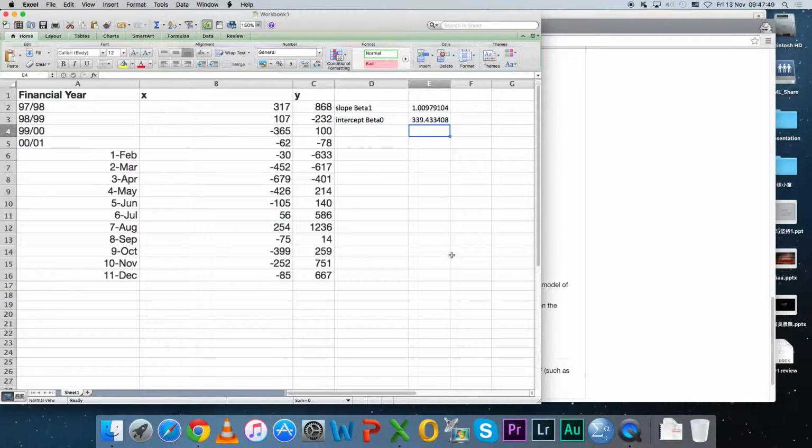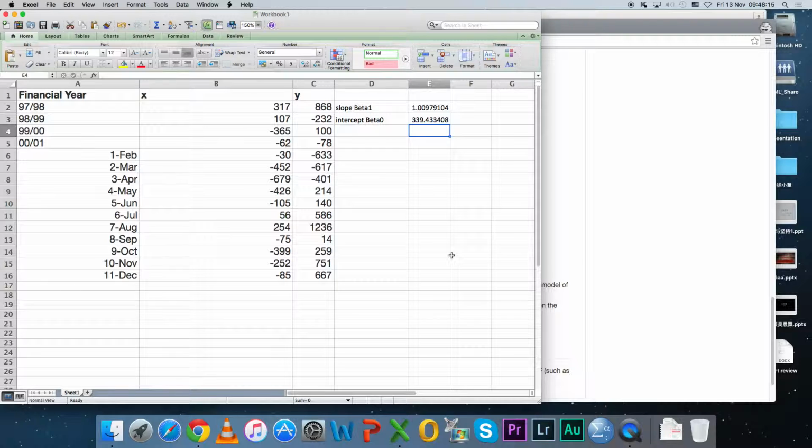Error term is when you have a line, right? And when you have a data point, okay? And then you make an estimation of that, make a prediction of that point. For example, you know that the x is equal to 200 for this point, and then you want to estimate the value of y, right?